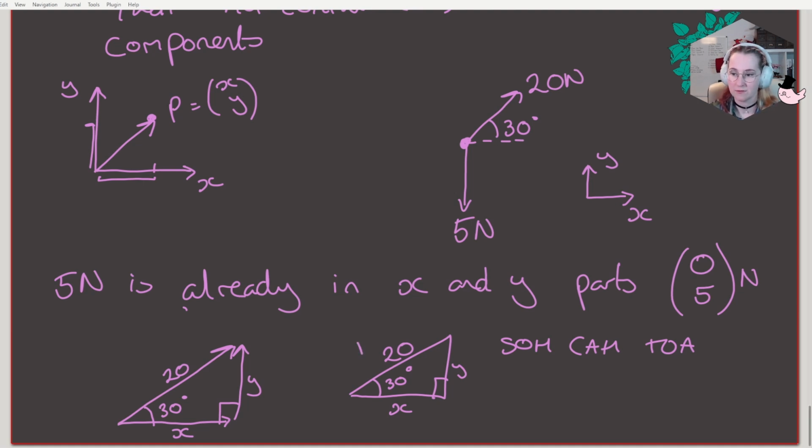Because we have the hypotenuse, opposite the angle is y, and next to the angle is x. So that gives us sine of 30 is opposite over hypotenuse, so y over 20. And cos 30 is x over 20.